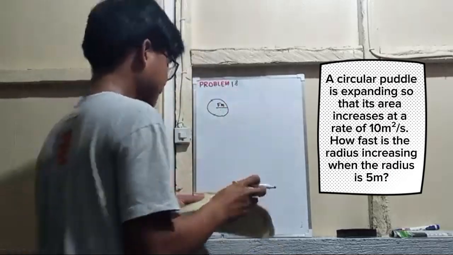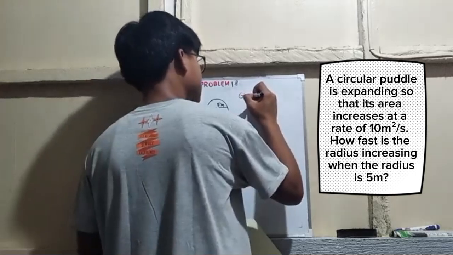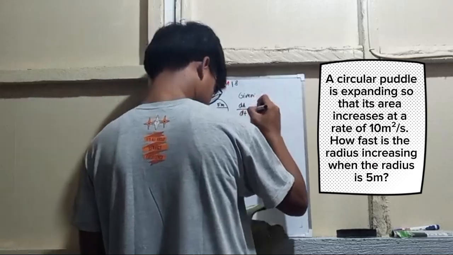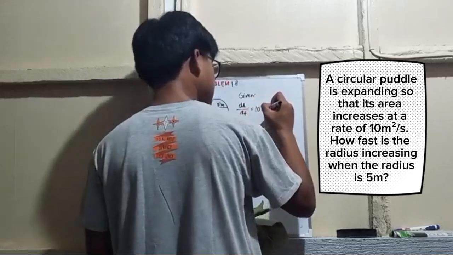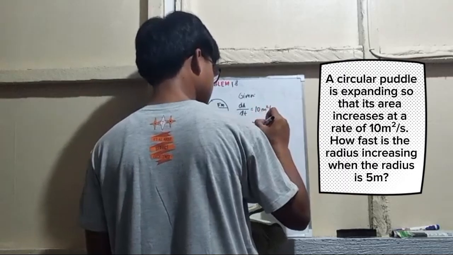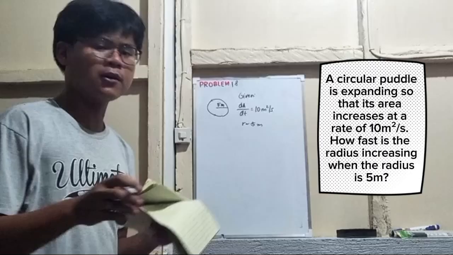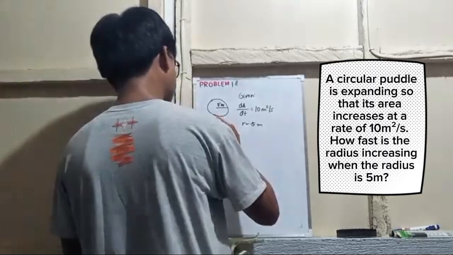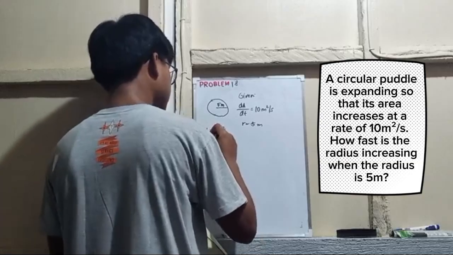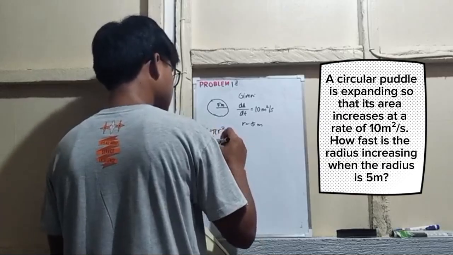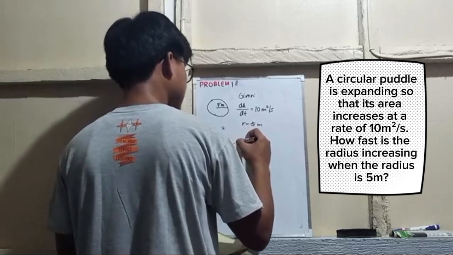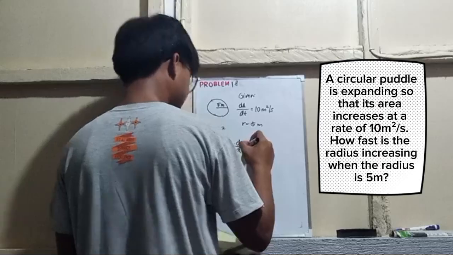Then in given, we'll have the rate of area as 10 meters squared per second. Then in getting the area of a circle, we all know that the formula is pi r squared. And now we'll differentiate the formula, and we have dA over dt equals 2 pi r dr over dt.